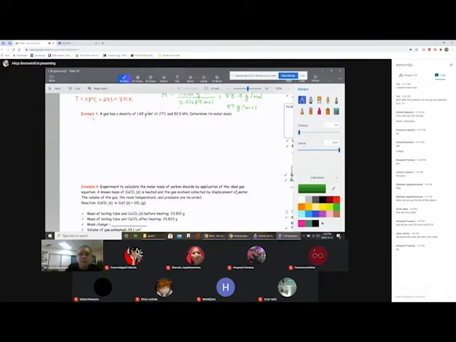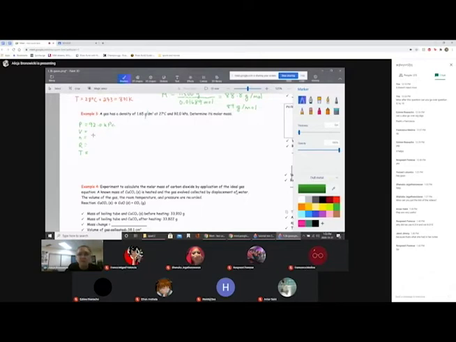So I have PV equals nRT. Okay. As soon as I'm given a gas question, it's talking about mass. I'm thinking PV equals nRT, right? Because I connect moles to the mass. So if I start filling this in, well, I've got 92 kilopascals.